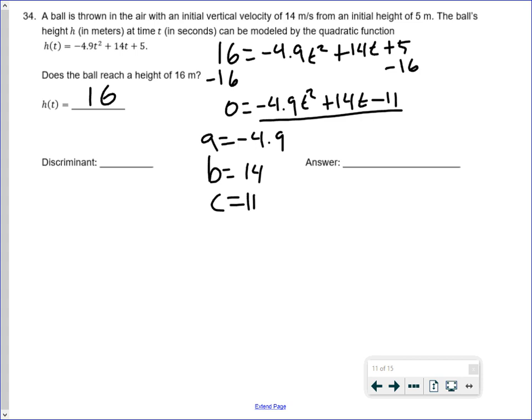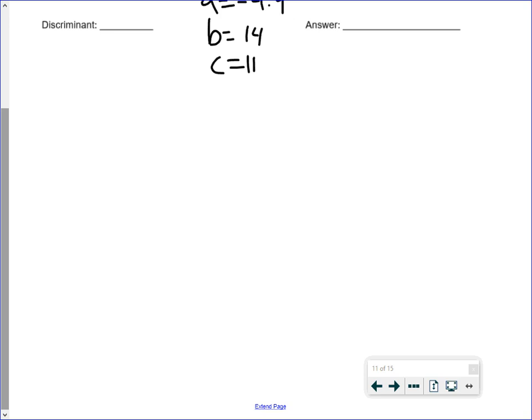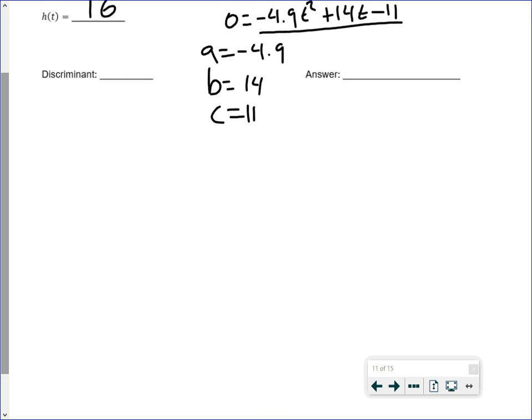We're going to plug that into the discriminant formula, figure out what our discriminant is, and see if it actually exists or not. So b squared is 14 squared, minus 4ac, or 4 times -4.9 times c, which is -11. Sorry about that.